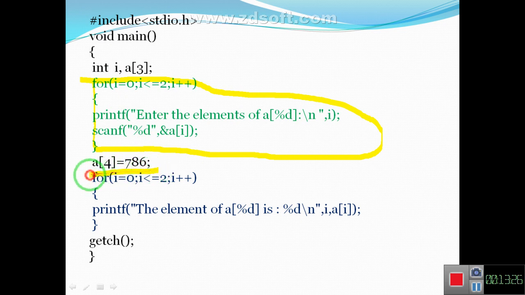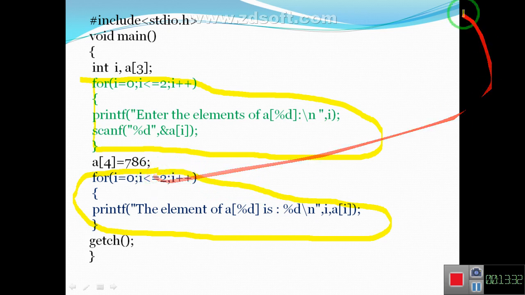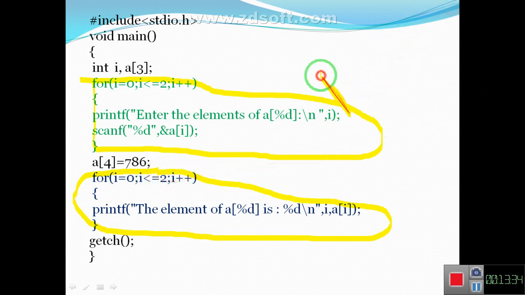After reading, we are going to print all the information from the array to the output screen. So this is the reading or scanning. This is the writing of the information to the output screen. So this is one dimensional array reading and writing the information.